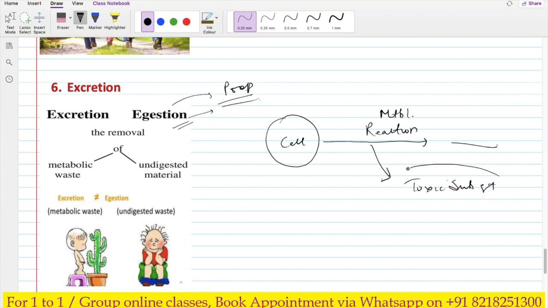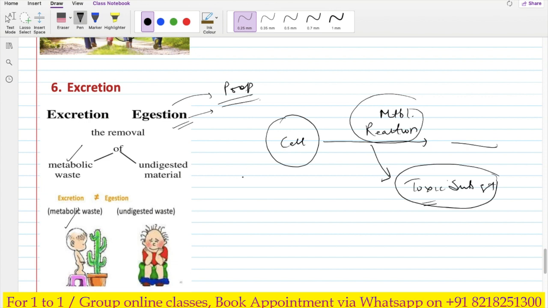So there's a need for the body to get rid of these toxic substances. That process is known as excretion. So metabolic reactions are happening, and these metabolic wastes are generated that the body will throw out. So that is excretion, right? But poop is egestion.